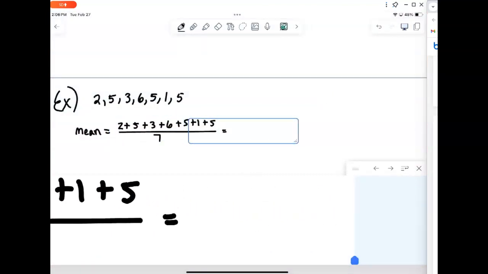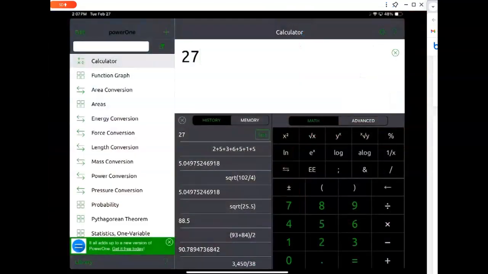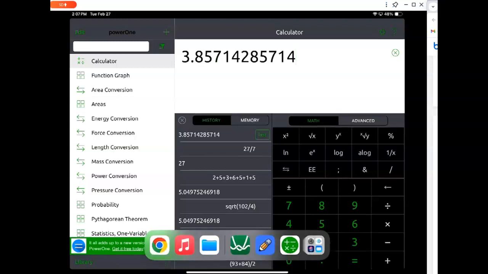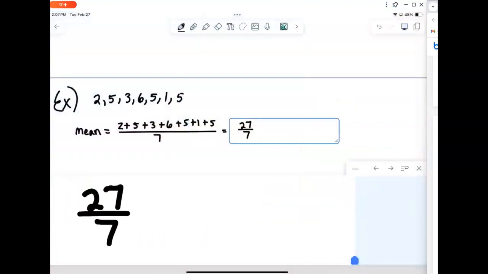And then that's divided by 7. That's probably going to give us a pretty ugly decimal, but we'll round off. We'll just say 3.86, rounding off to 2 decimal places.